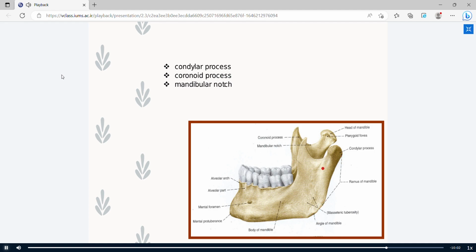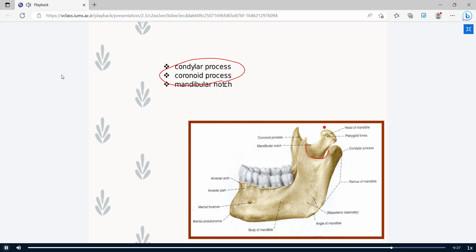On the superior border, there are two processes, the condylar and coronoid processes. The condylar process is a rounded projection, but the coronoid process is a sharp, triangular process located anterior to the condylar process. There is a mandibular notch between the coronoid and condylar processes.